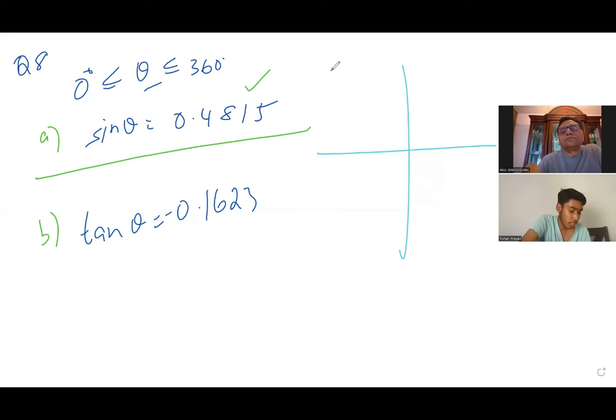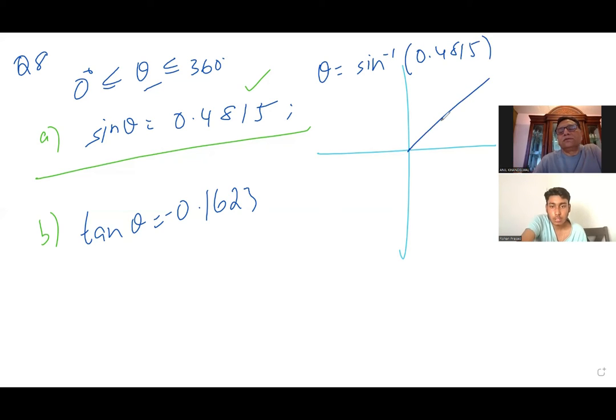So by looking at it, if you were to round it to the nearest degree, it should be 29 degrees, or if we're rounding it to the nearest tenth, 28.8 degrees. So you basically did sine inverse of 0.4815 and you found this angle. Rounding it to the nearest tenth, it is 28.8 degrees.